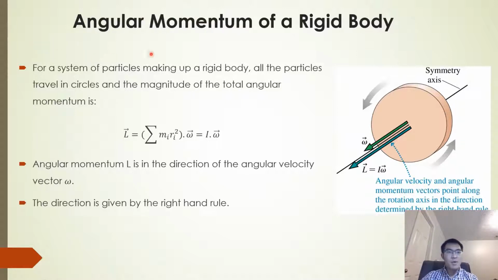For a system of particles making up a rigid body, all the particles travel in circles and the magnitude of the total angular momentum is L equals I times omega. The angular momentum L is in the direction of the angular velocity vector omega. The direction is given by the right-hand rule.